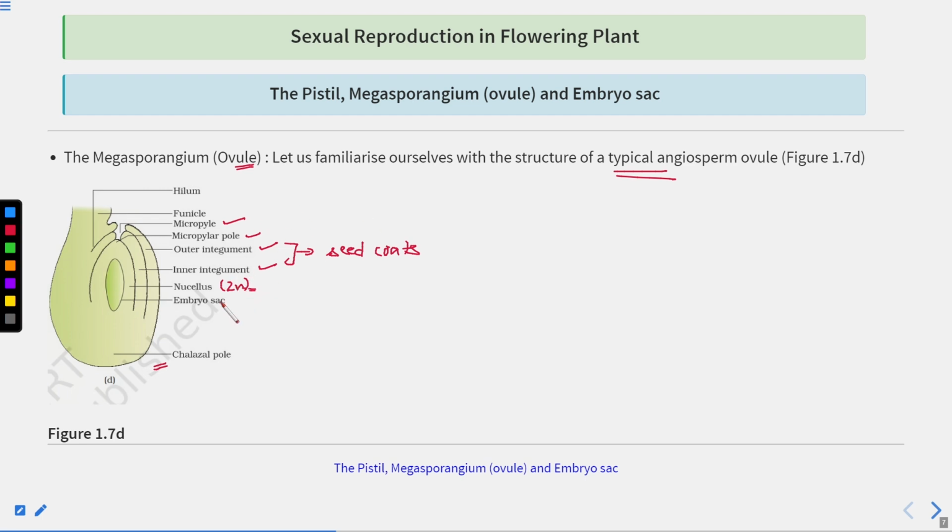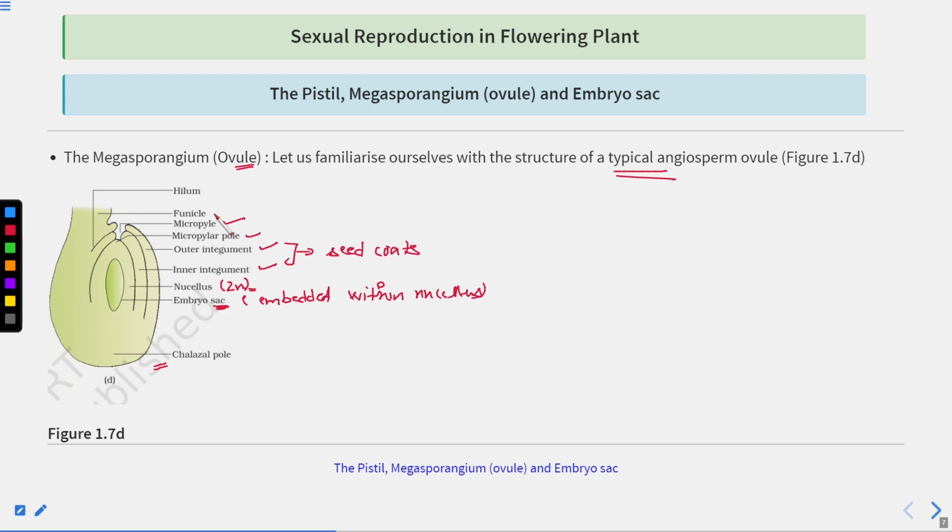When we study the embryo sac, we'll talk about the nucellus also. Embedded in the nucellus is the embryo sac. So the embryo sac is embedded within the nucellus. Clear?